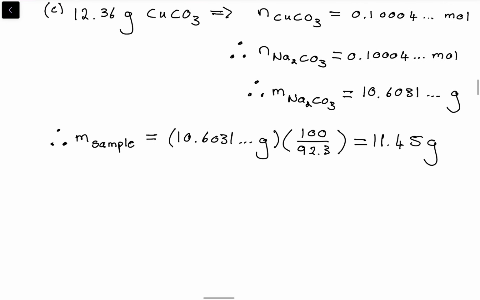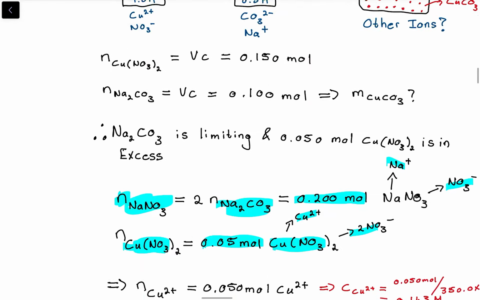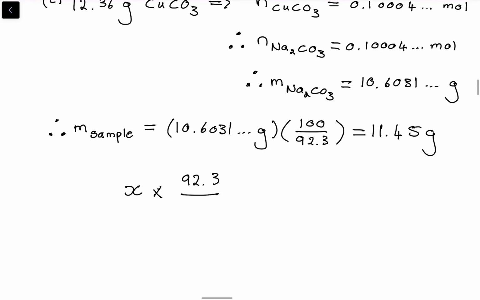So the question you ask is, which value needs to be multiplied by 92.3 over 100 to give 10.6? That's essentially what you're trying to get to.